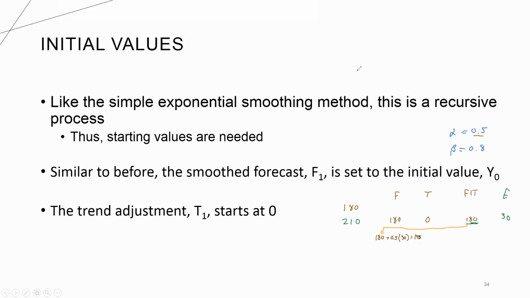Now let's adjust the trend. What are we going to do for the trend? Well, the new trend should be the old trend plus alpha times beta times the error. So 0.5 times 0.8 times 30.